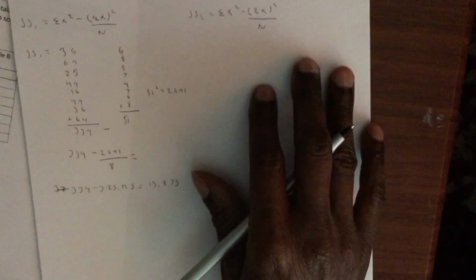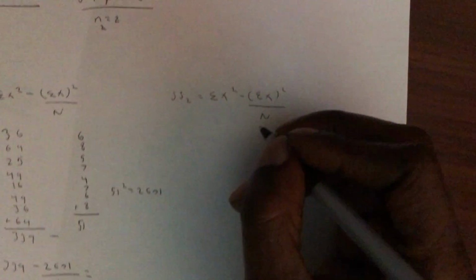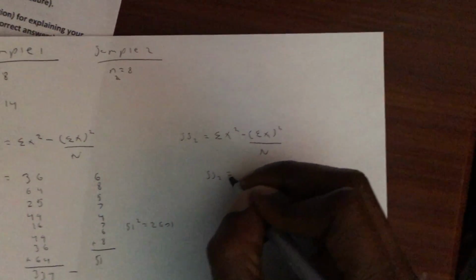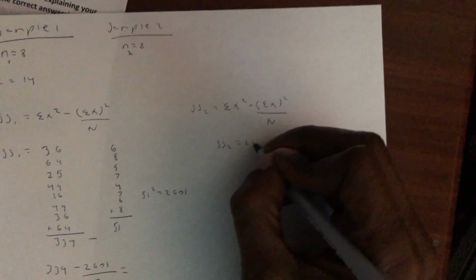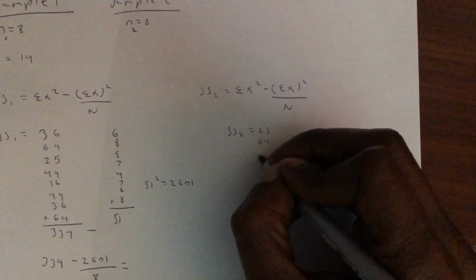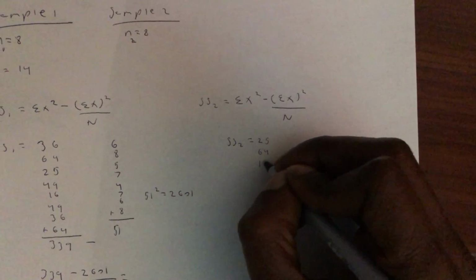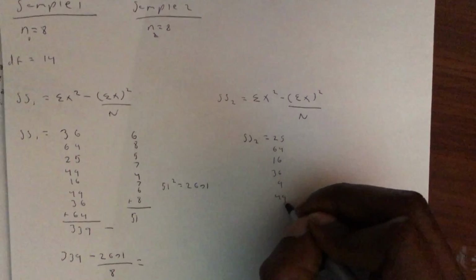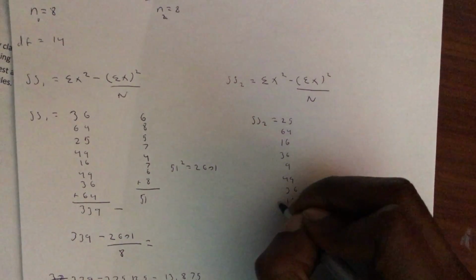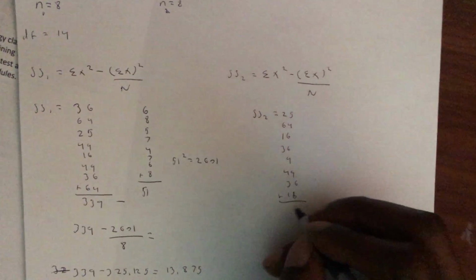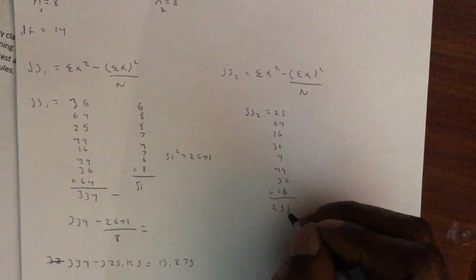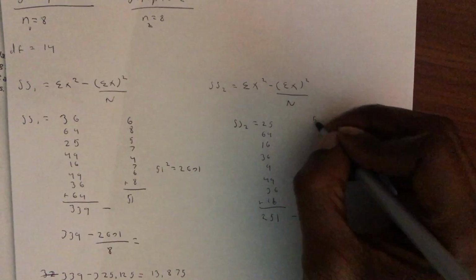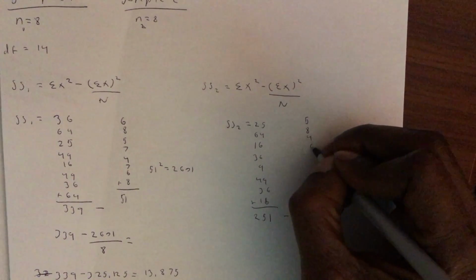And you do the same thing to find the sum of squares for the second column, sample 2. When you add all that up, you get 251 minus, add up everything on this side, then square it.